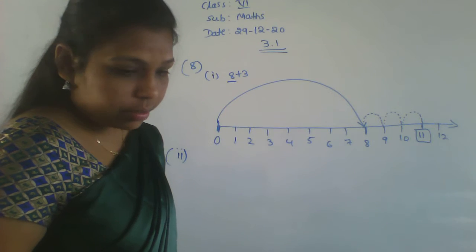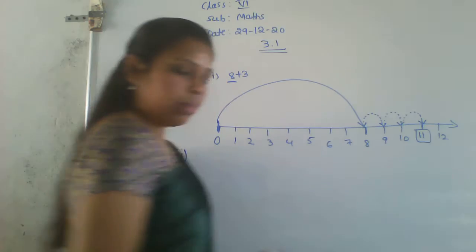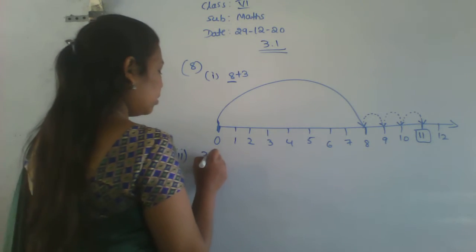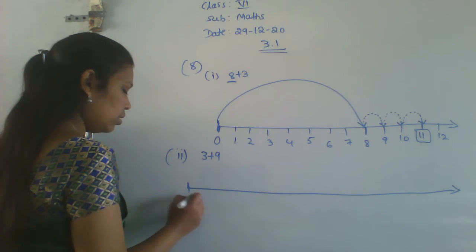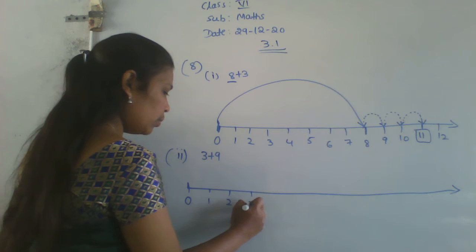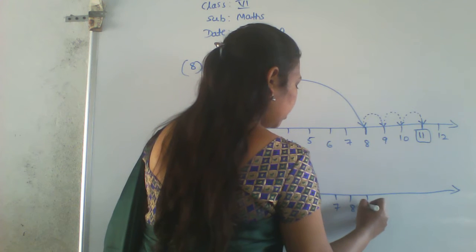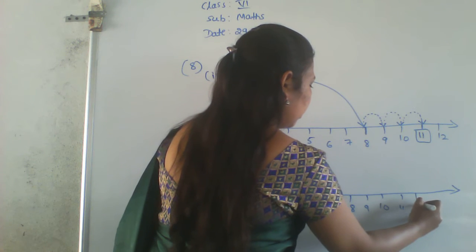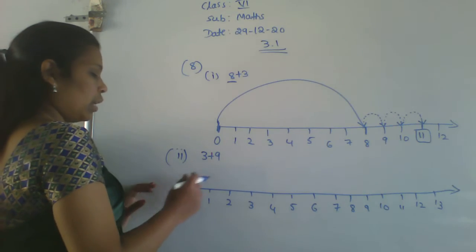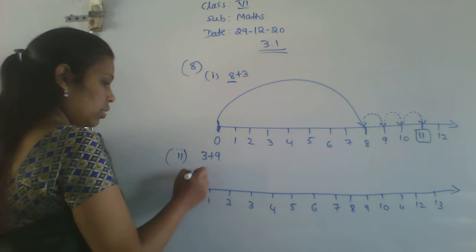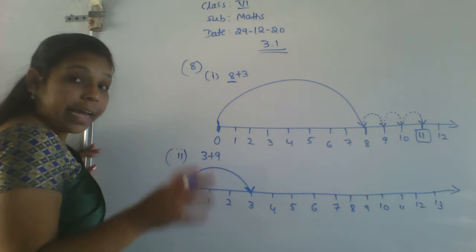What is the second one here? 3 plus 9. Write the numbers 0, 1, 2, 3, 4, 5, 6, 7, 8, 9, 10, 11, 12, 13, right? First, how to write 3? This is 3, right? After 3 you are adding 9 numbers.